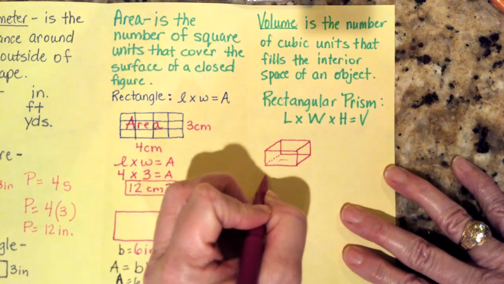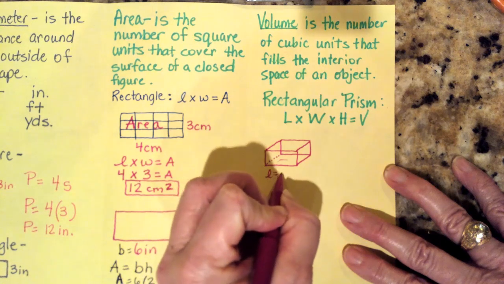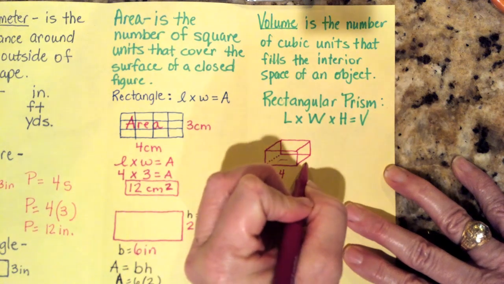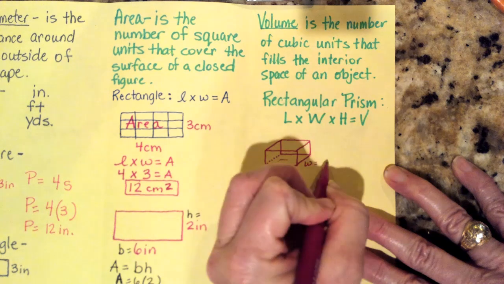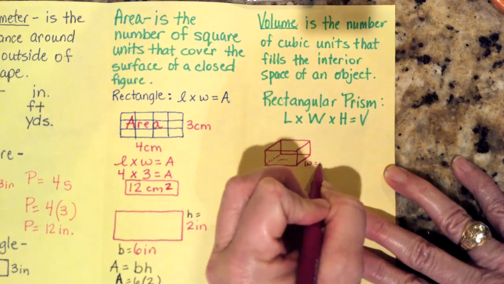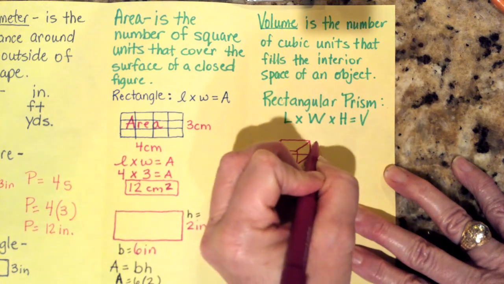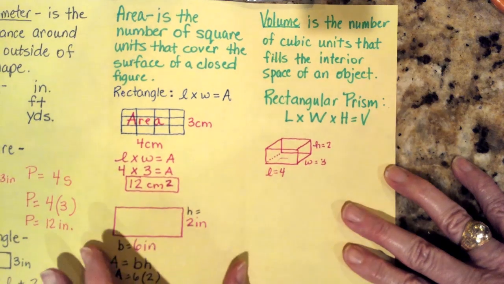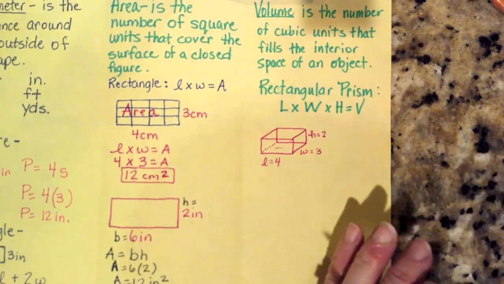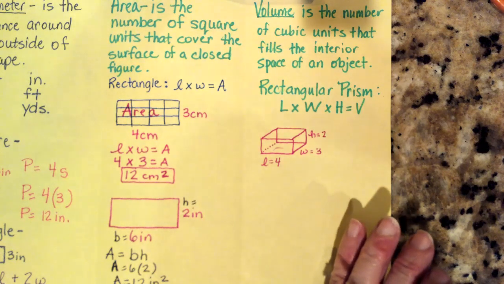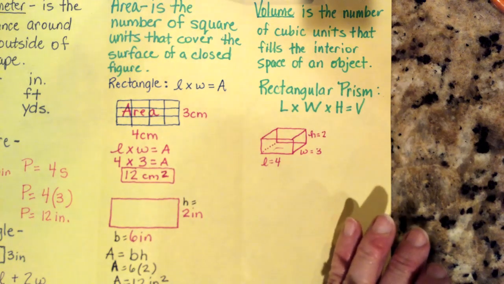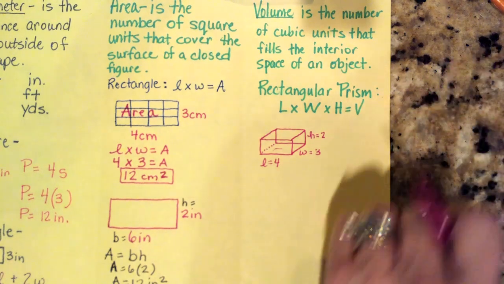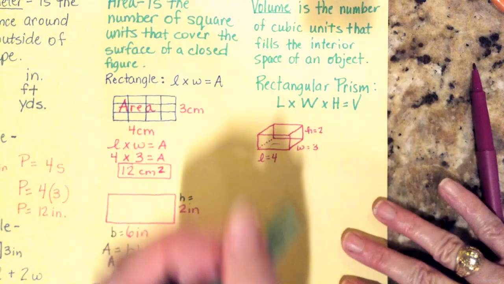So we're going to say that the length is 4 and that the width is 3. And then we're going to go ahead and call this the height, and we're going to call it 2. And so the one thing you need to remember is trying to find those 3 different dimensions that we're talking about, the length, the width, and the height. And once you find those, then it's pretty easy.